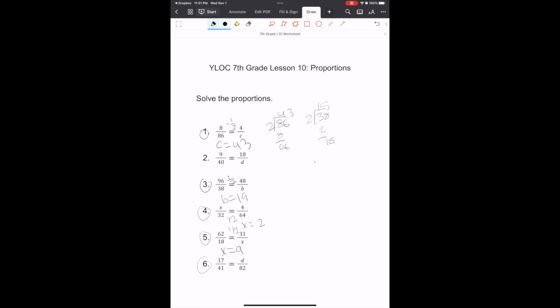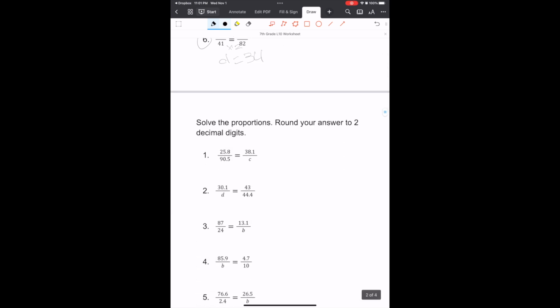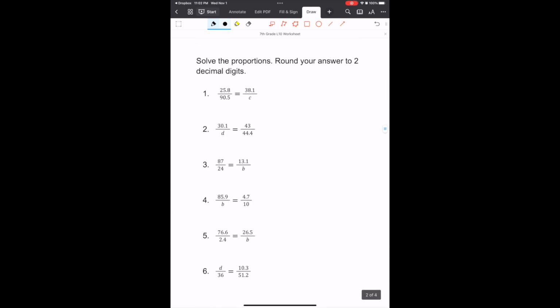Now 6, 41 times 2 is equal to 82, so 17 times 2 is equal to d, so d is equal to 34. Then number 2, I forgot to do this one. 9 times 2 is equal to 18, so 40 times 2 is equal to d, so d is equal to 80.